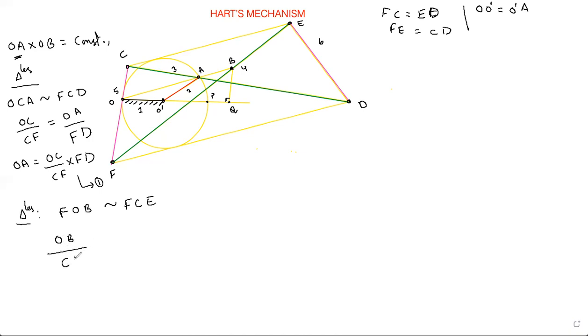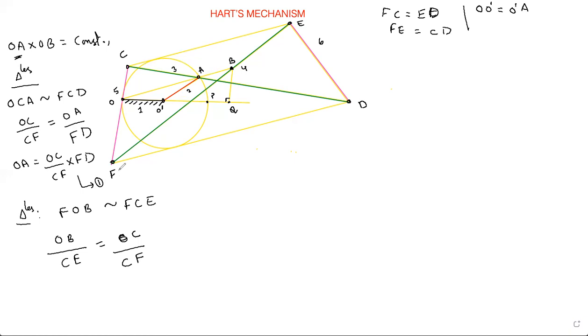CE is equal to, we can say, smaller, again you have CF, OC divided by CF. Is it the same? Yeah, OC by CF, I have taken the same thing.